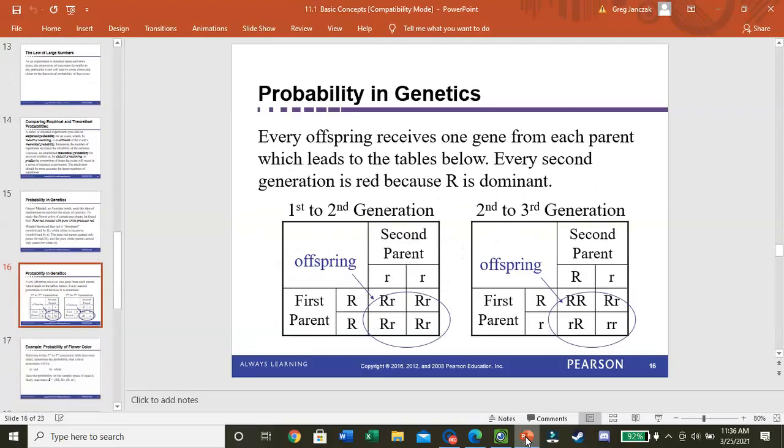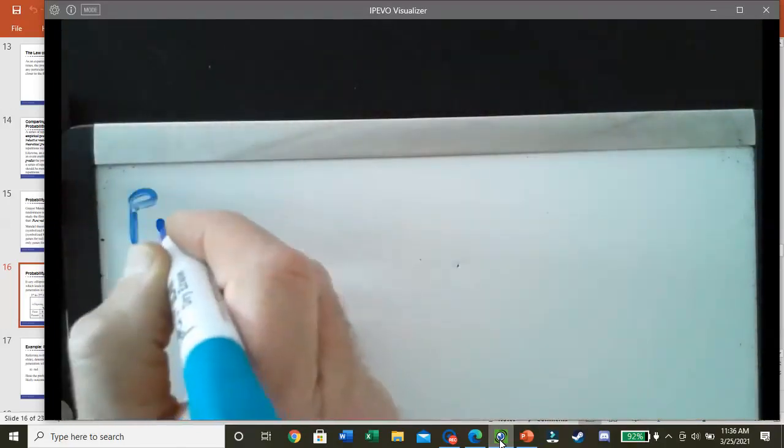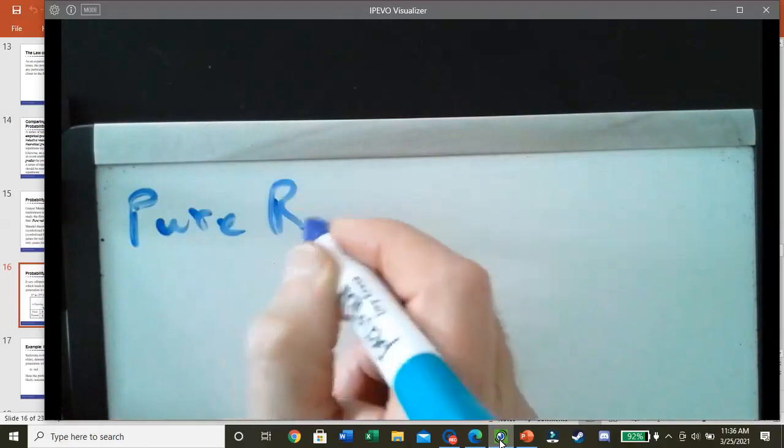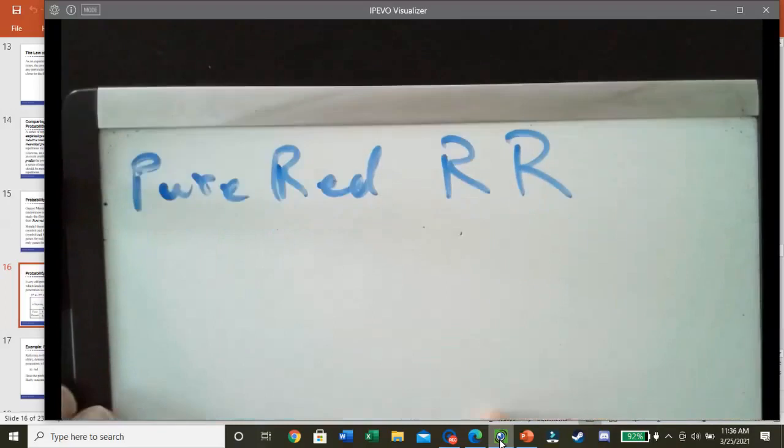So we have 2 parent plants, one of them that has pure red and one of them that's pure white. So let's see. We've got pure red is 2 uppercase R's.